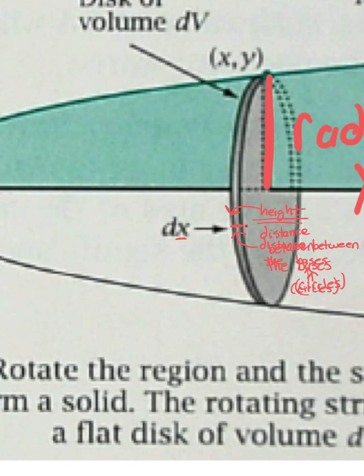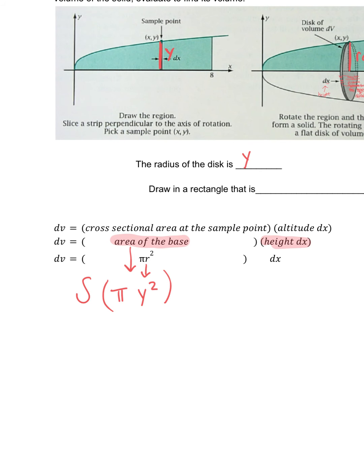Because that is a horizontal length, that is a change in x. That is a dx. So the dx is our height. For the height, we put in our dx.